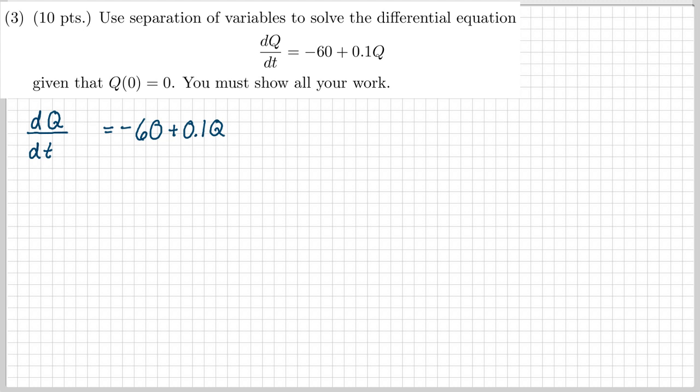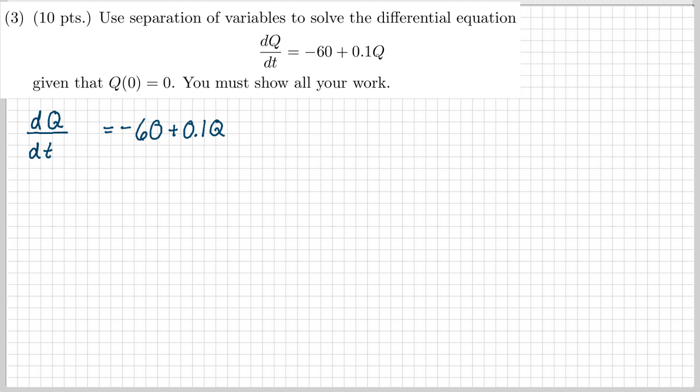So here's my differential equation, and the big issue that most people had on the test was that they tried to subtract 0.1 Q from both sides, but everything in this expression needs to be multiplied by dq or dt before we integrate both sides. We can't integrate unless we have a dq or a dt involved.